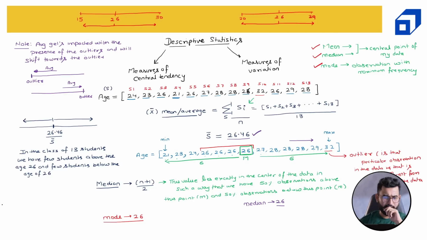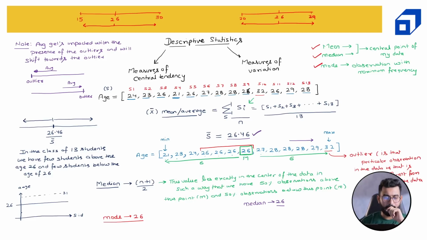So let me quickly draw it. Let's say this is my student ID, this is my age, this is my center, which is 26, and if I have a standard deviation of 5 years, that basically means I have some students who are above the middle age by 5 years. So 26 plus 5 gives you 31, right?